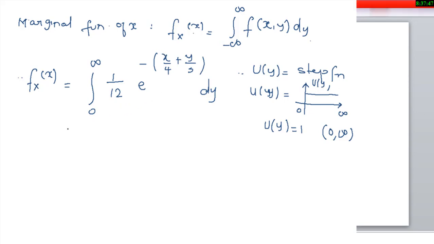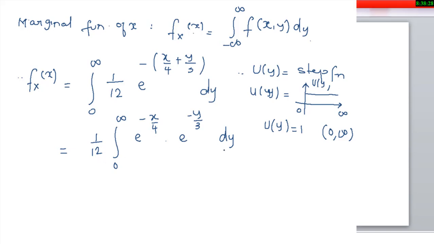Let me split this term: e power minus x by 4 into e power minus y by 3, into dy.